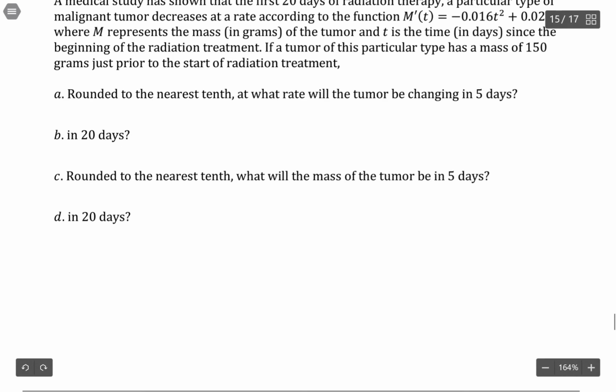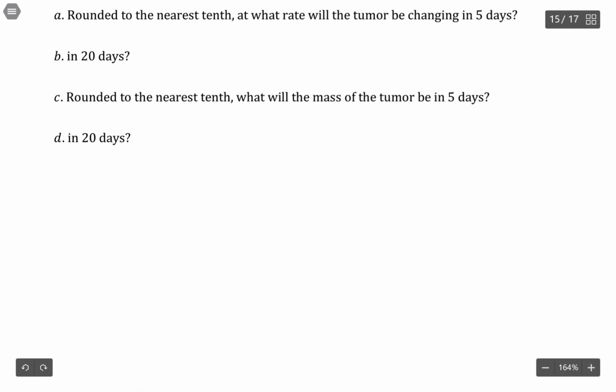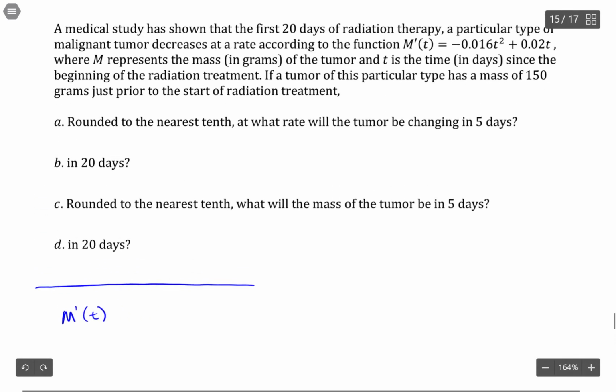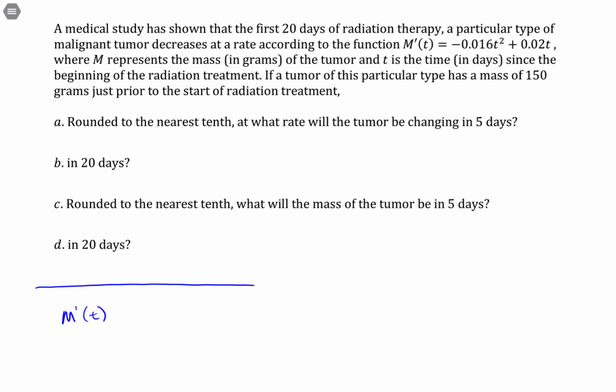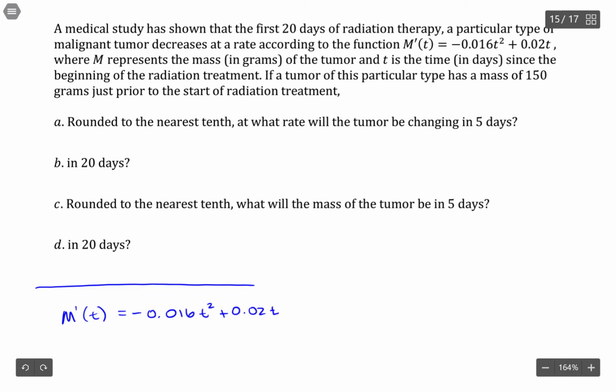So let's think about things here before we start jumping into answers. We have given to us m prime of t, which was negative 0.016 t squared plus 0.02 t.